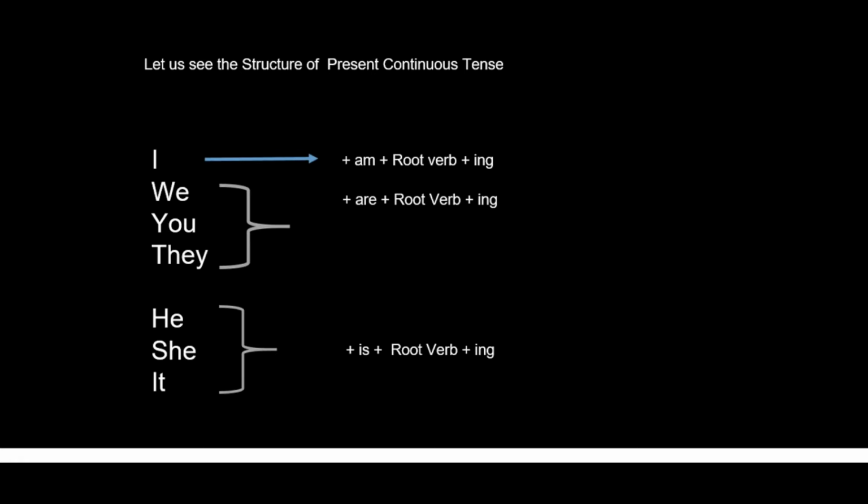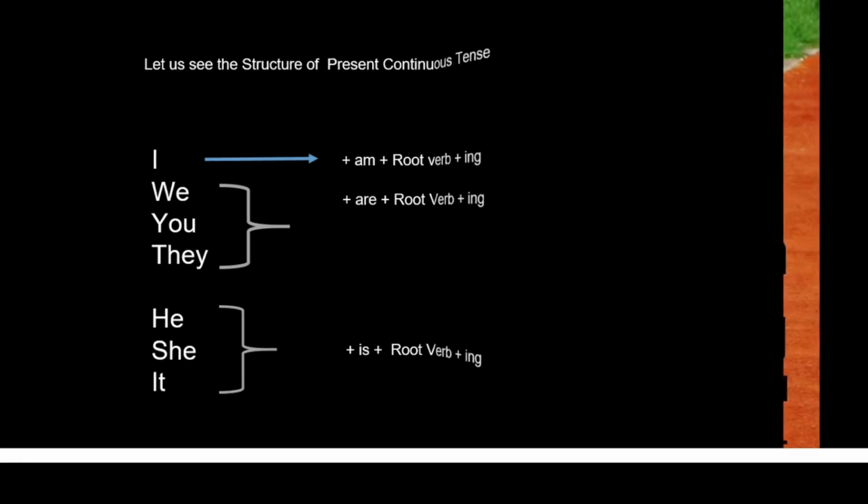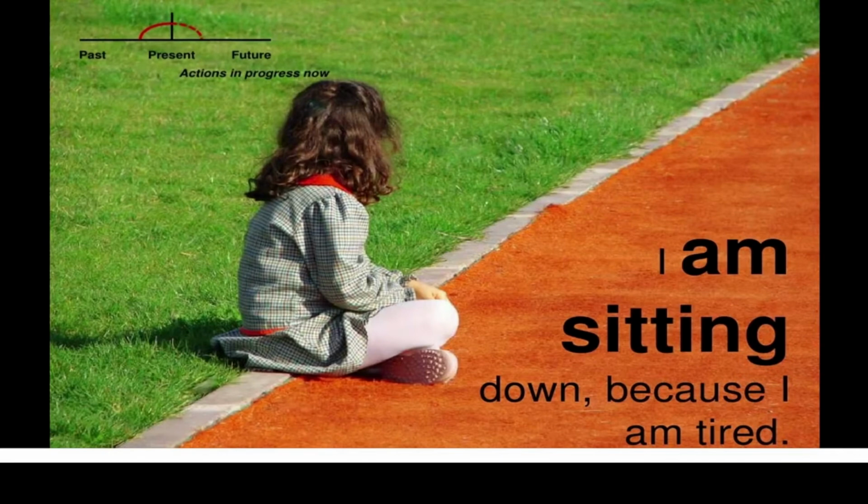Okay, and for the third person singular he, she, it, we have to add the auxiliary verb is plus main verb plus ing form. Okay, these are the structures of present continuous tense.